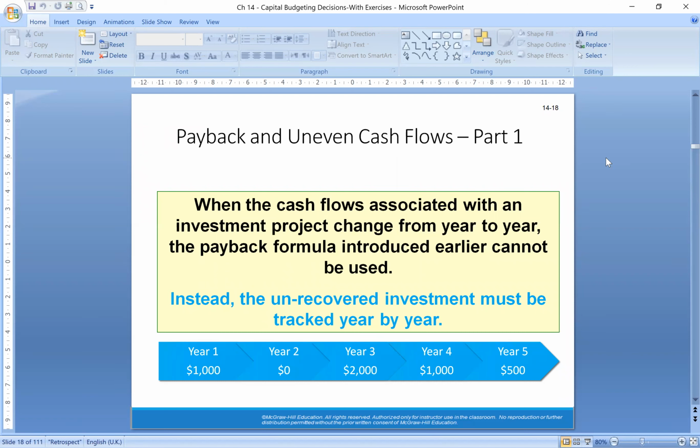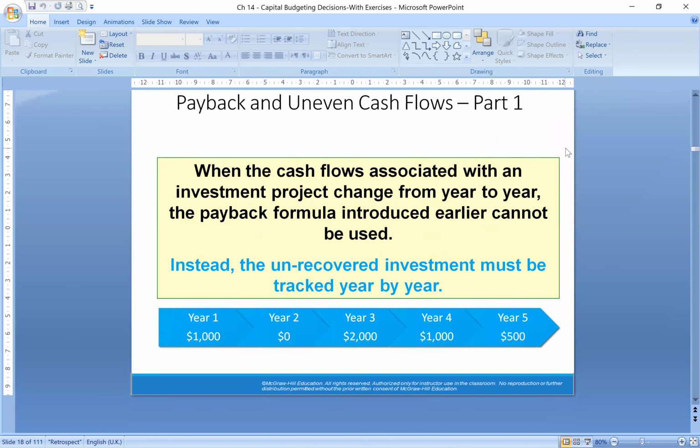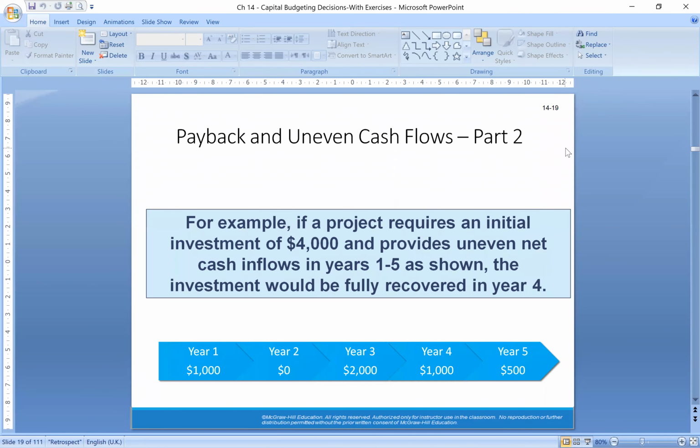So year one, suppose that we have 1,000, year two, 0, meaning we don't have any cash inflows for the second year, 2,000 in year 3, 1,000 in year 4, 500 in year 5. So, for example, if the project requires an initial investment of 4,000 and provides uneven net cash inflows in years 1 to 5, as shown, the investment will be fully recovered in year 4.